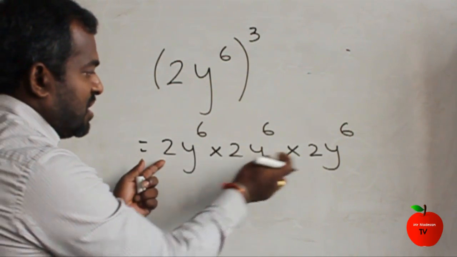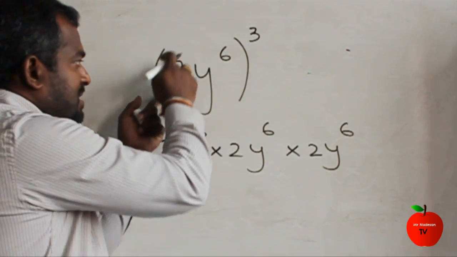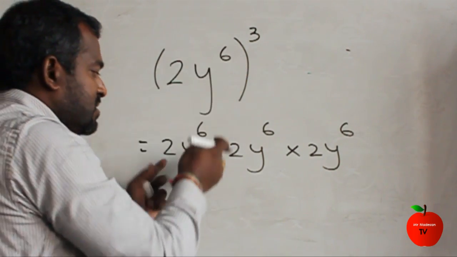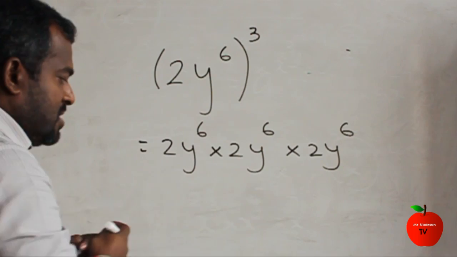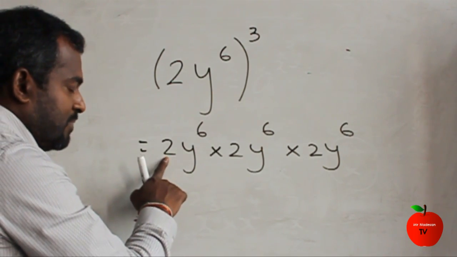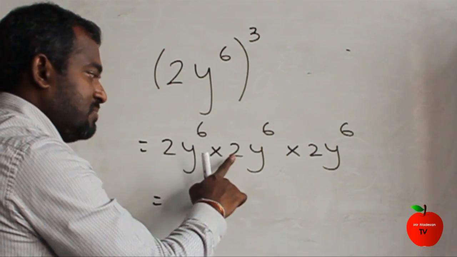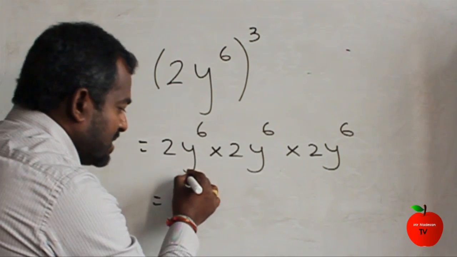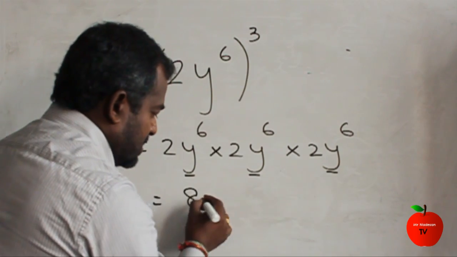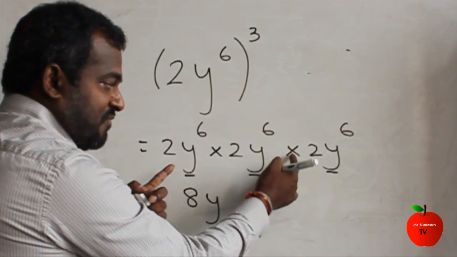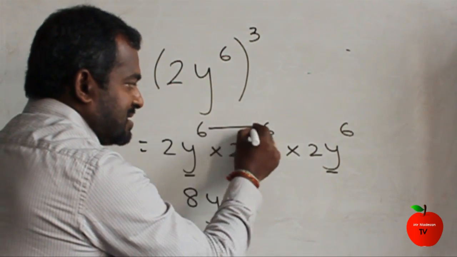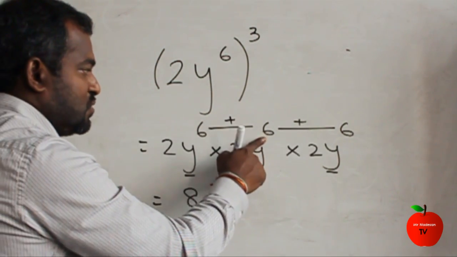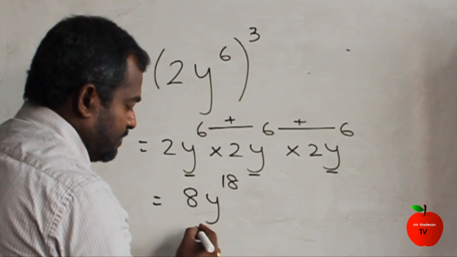Because of the power 3, you have 2y to the power 6 three times. Now you have the number 2 here, multiplied by 2: 2 times 2 comes to 4, 4 times 2 comes to 8. Now you can see that the base is the same. So when the base is equal and you multiply, you have to add the powers together. So 6 plus 6 is 12, plus 6 comes to 18.